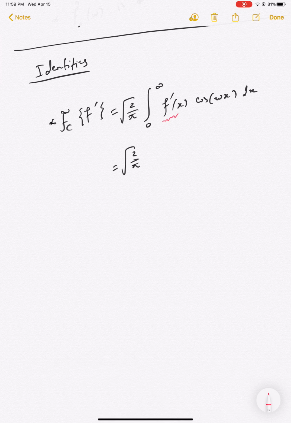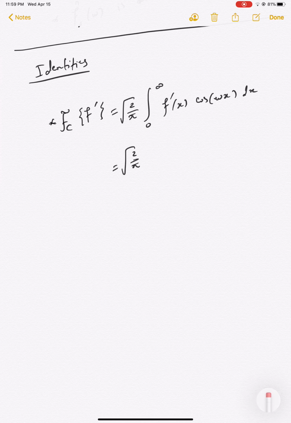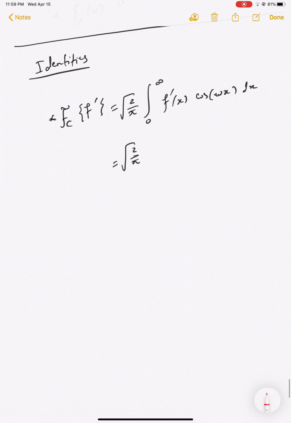When you say of the function, that means you need to have f of x instead of f prime. So I want to change this f prime to f. To do this, I will need integration by parts. I'm choosing f prime as dv, so when you integrate it you get back f, and u is going to be the cosine.